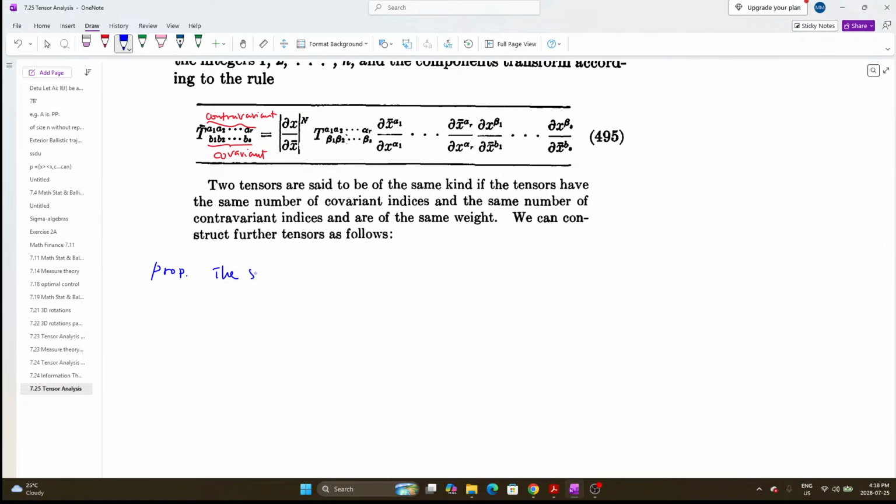The sum of two tensors of the same kind is a tensor of this kind.